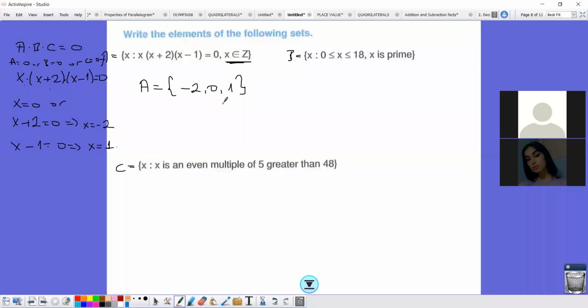Now in B, what we have, x is prime and x is between 0 and 18. So which elements will we have here? Which is the smallest prime number?